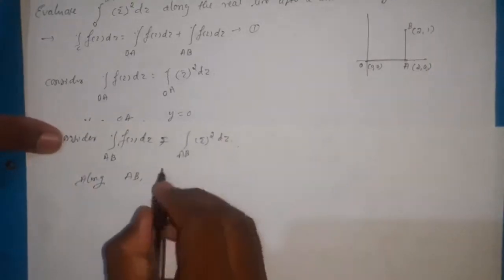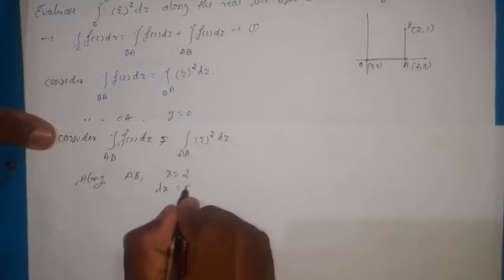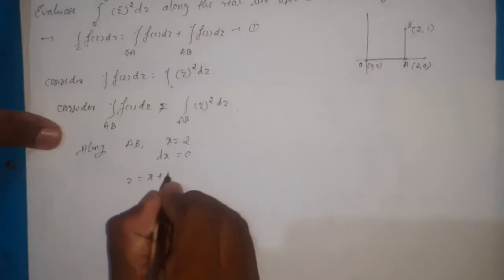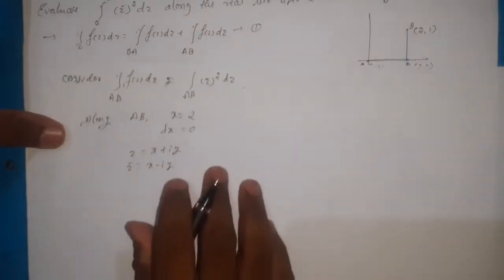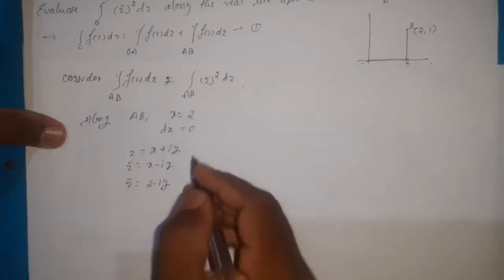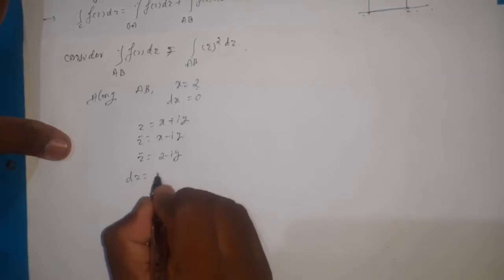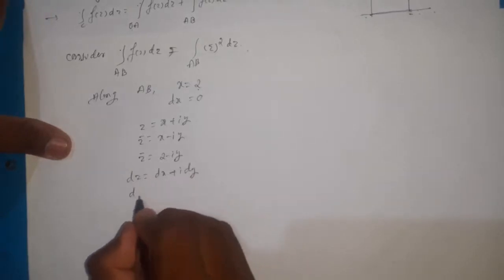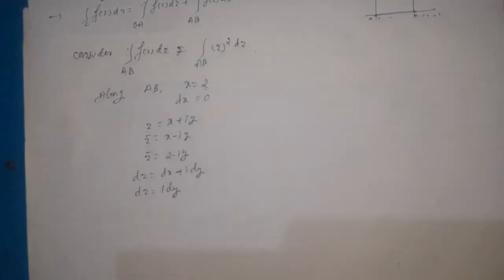So therefore x equal to 2 and dx equal to 0, and again z equal to x plus iy, z bar equal to x minus iy. So here z bar equal to 2 minus iy, because x equal to 2, and dz is equal to dx plus i dy. Here dx equal to 0 means dz equal to i dy.